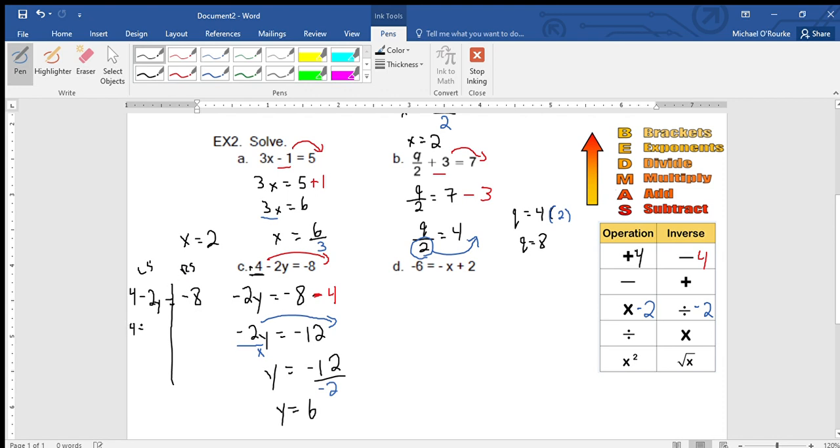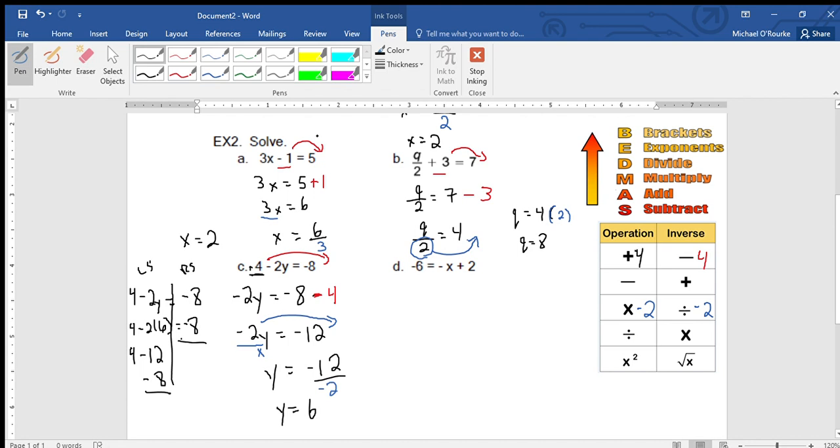So 4, negative 2 times 6 is negative 12. 4 minus 12 is negative 8. And you can see that this side equals that side. So we know we're right because the number we plugged in there is the correct answer.